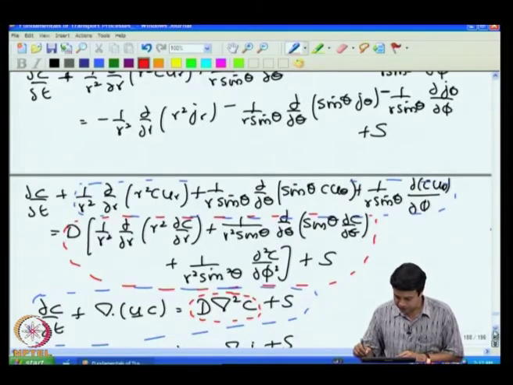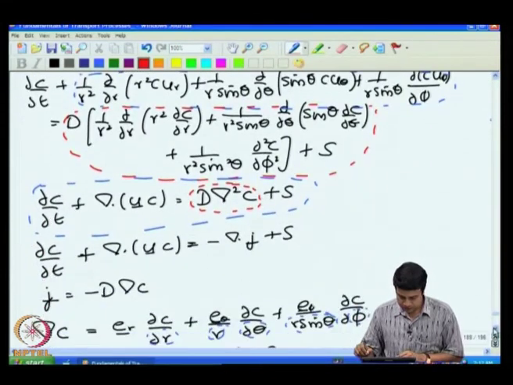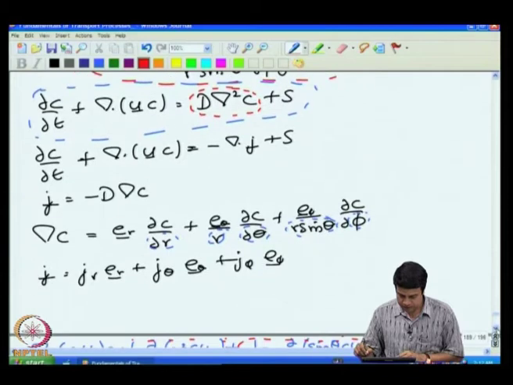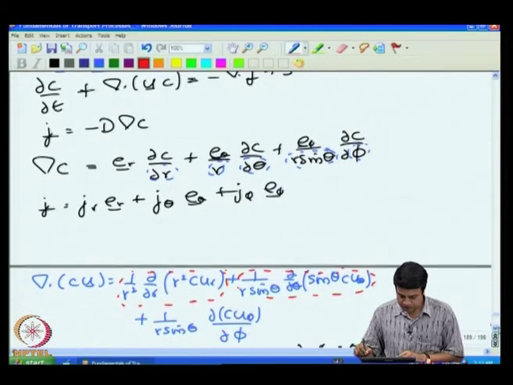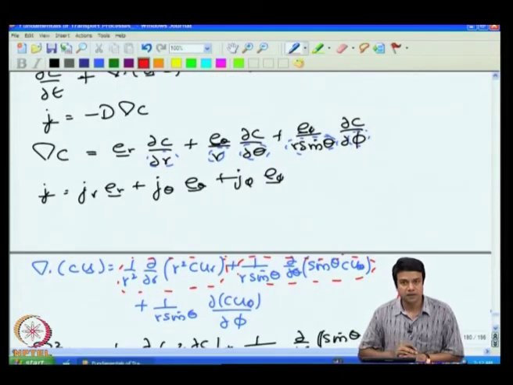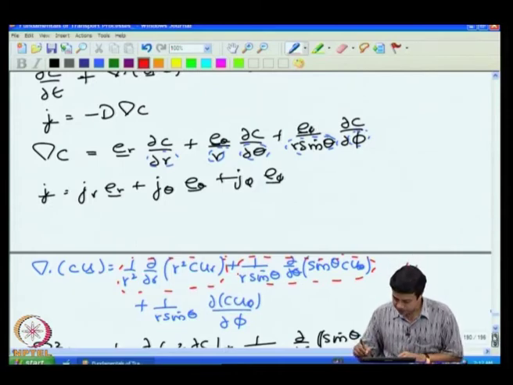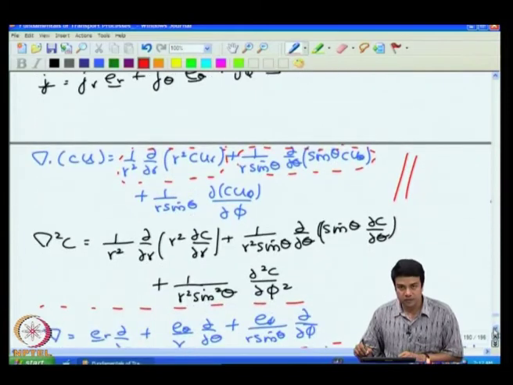Okay, and the divergence, okay, so this was the gradient and this here was the divergence. So, if I know the form for that specific coordinate system, I can then go ahead and write down the equations for that particular coordinate system.